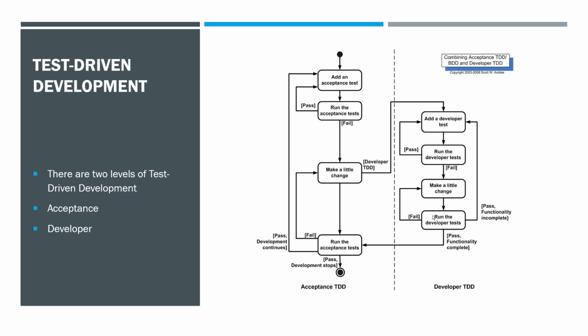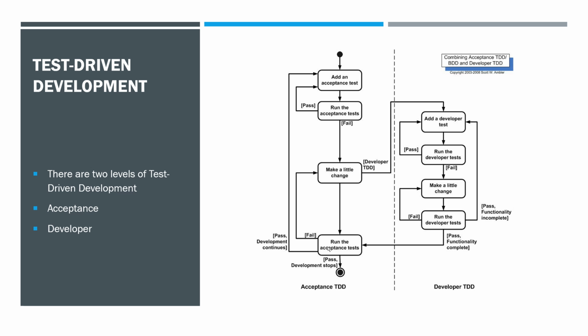Now this has basically three options here. If it fails, you make another little change to make it run correctly. If you run the test and it passes, but the functionality is not complete, it's not running how you would like, then you go back and add another developer test and go through that process again. If it does pass that functionality, then you will go from the developer over to the acceptance TDD.